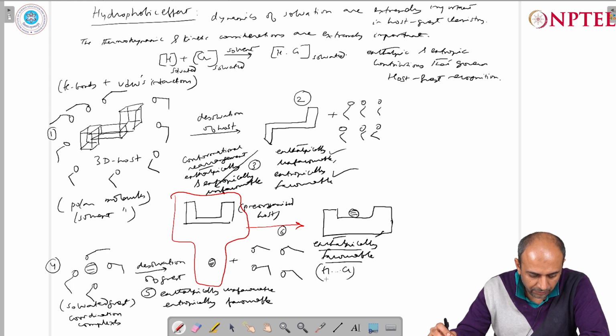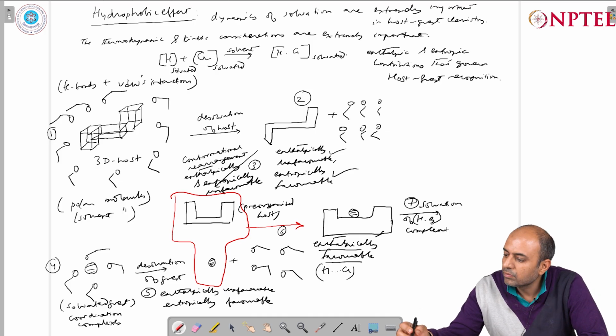And then we have the next stage, where we have the solvation of the host-guest complex.